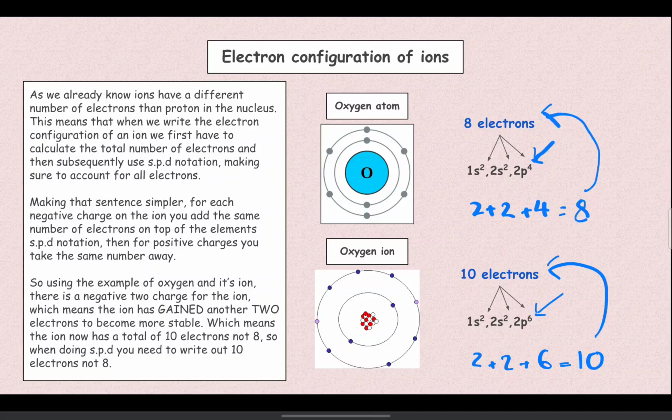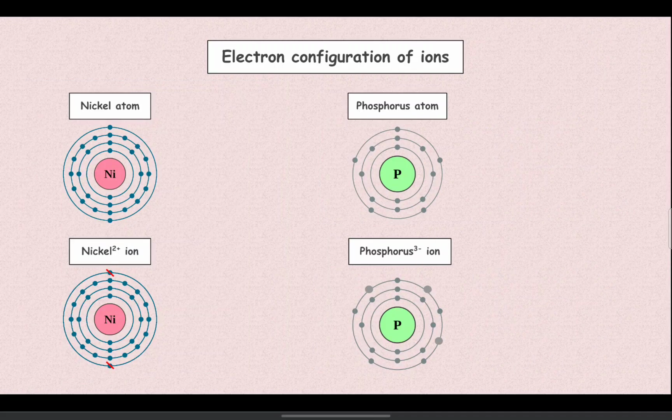So yeah, for ions, if there's a negative charge, you add electrons. If there's a positive charge, you take electrons away. We'll do a quick bit of practice with that, just to get it down. So the nickel atom has 28 electrons, which the s.p.d notation looks like that. Whereas the nickel ion has 26 electrons.